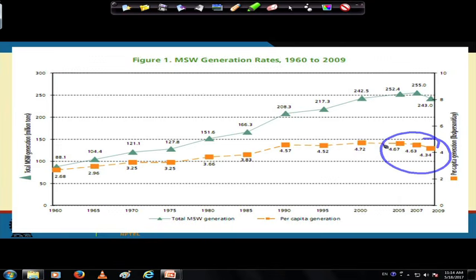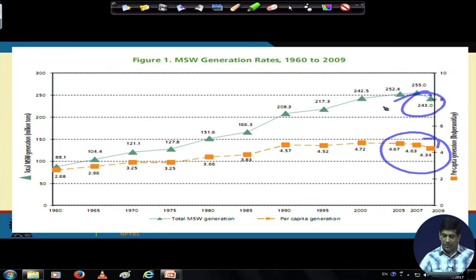Same thing over here as well. Overall, the cumulative is what you see in the green line with the green triangles, and you see that the waste has been increasing, but it has decreased a little bit in the last decade. That gives you some examples in terms of the MSW generation rate.